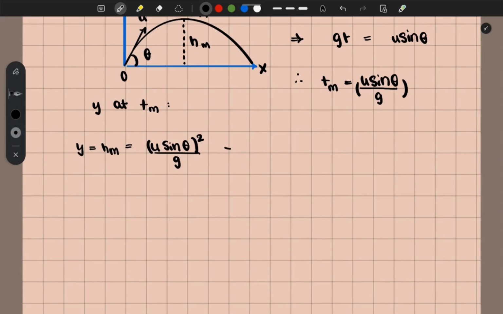minus g into the g t square divided by 2 term, so here it's g times u sine theta whole square divided by 2 g square. So this cancels out with this, and we can simplify it.